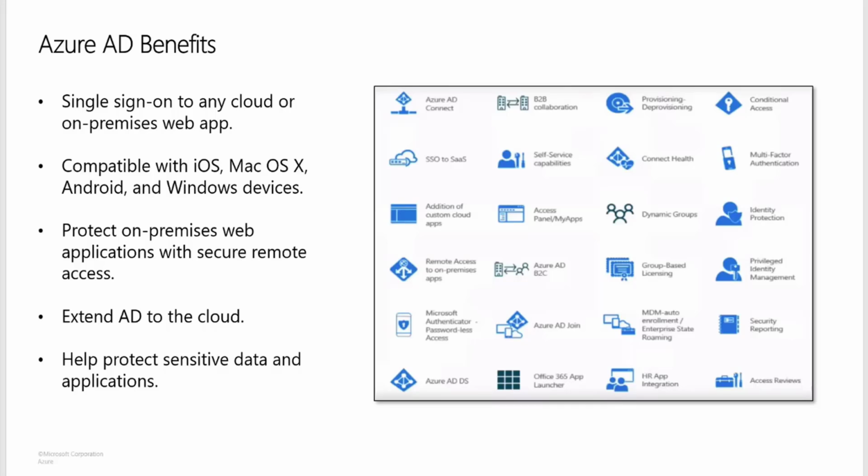Alright, so to talk about some of the benefits and features of Azure AD, single sign-on to any cloud or on-premise web application. Azure AD provides secure SSO to cloud and on-premise applications, including Office 365 and other SaaS applications like Workday, DocuSign, ServiceNow, Dropbox, Salesforce, etc. It works with iOS, macOS, OS X, and Android, as well as Windows devices.